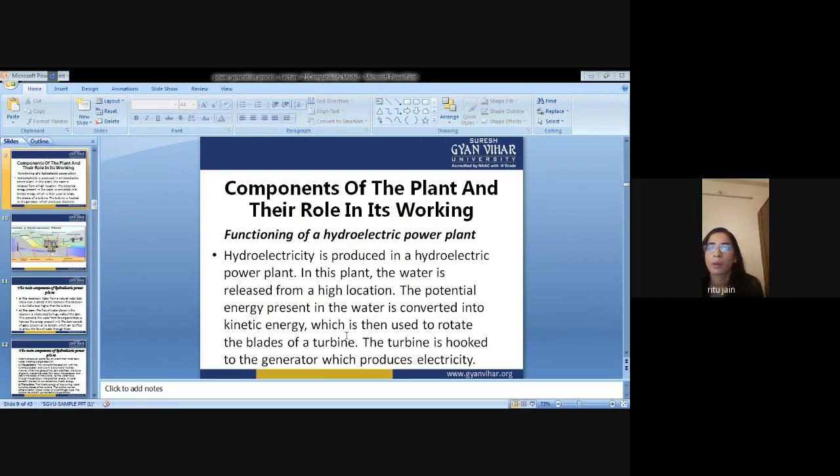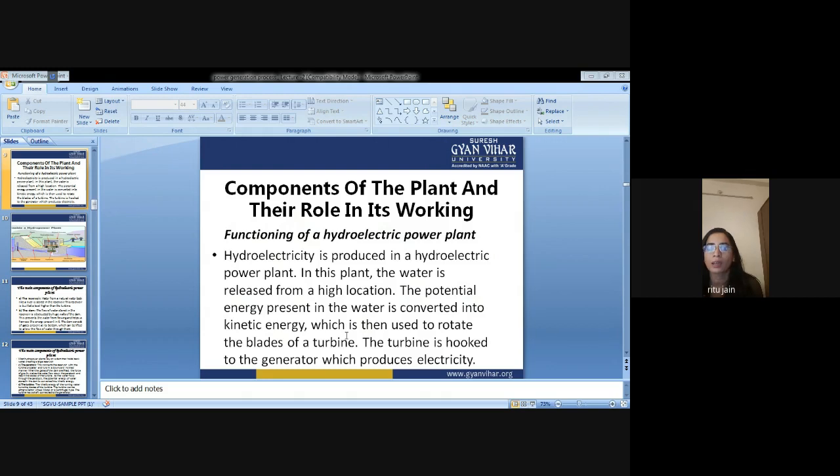Components of the plant and their role in its working. There are many components used in a hydropower plant to generate the electricity. Hydroelectricity is produced in a hydroelectric power plant. In this plant, the water is released from a high location. The potential energy of water is converted into kinetic energy.